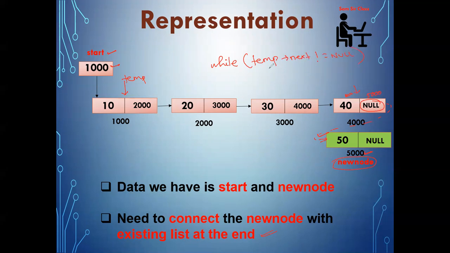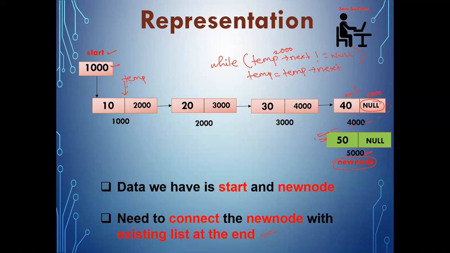Till the time I reach the node whose next is null, I'll just go on next. You can check here, temp next is not equal to null, obviously, because temp next is here 2000. So what I'll do now, I'll come to the next node, temp equal to temp next.